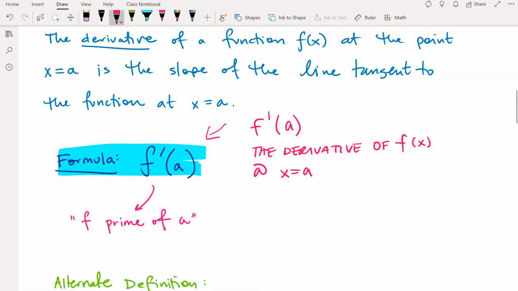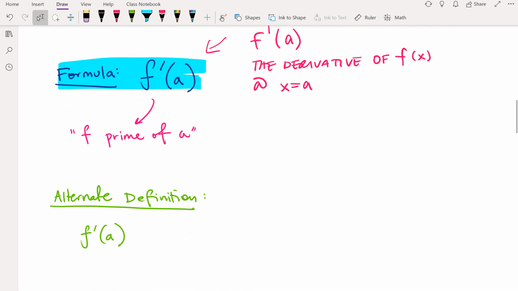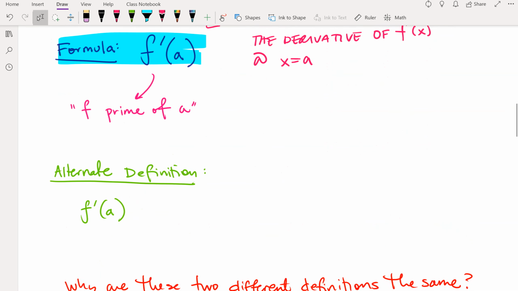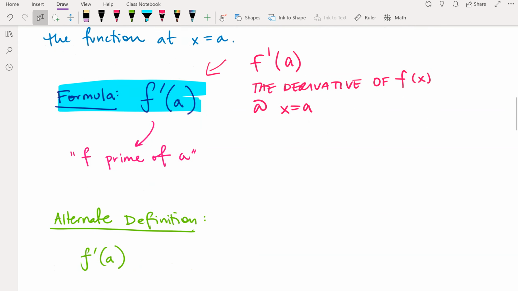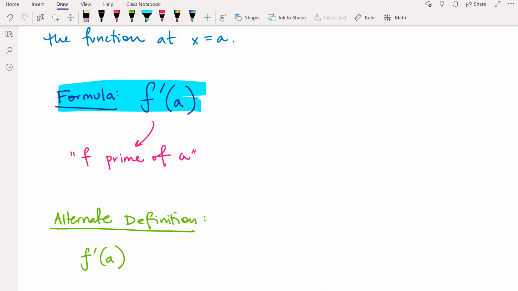Okay, so now let's really quick go over alternate definitions of the derivative. So we have two definitions. I lied. I'm going to come back up here. So in your notes, please write f prime of a equals, and we're actually going to write an equation for f prime of a.